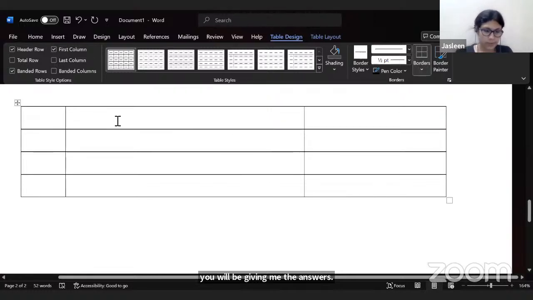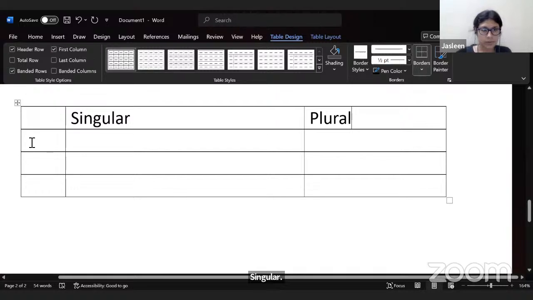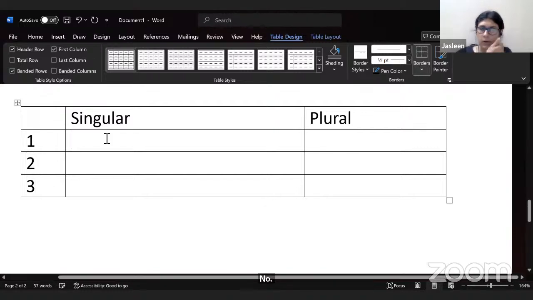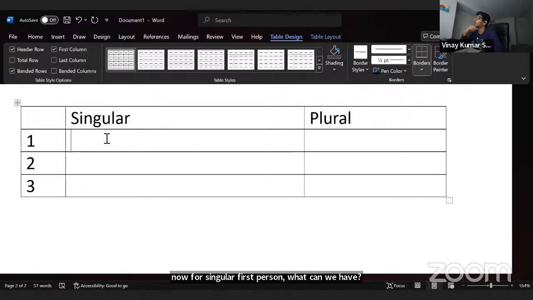Okay, so we'll have singular, we'll have plural, first person, second person, third person. Now for singular first person, what can we have? My, okay.